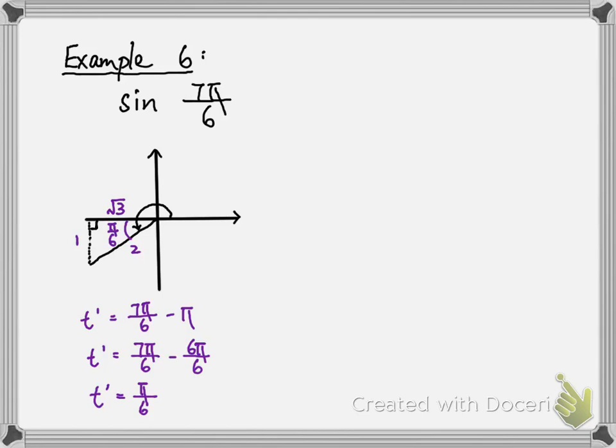Correct. Both x and y values will be negative. Therefore, sine of 7 pi over 6 equals opposite side negative 1 over hypotenuse 2. And final answer, sine of 7 pi over 6 equals negative 1/2.